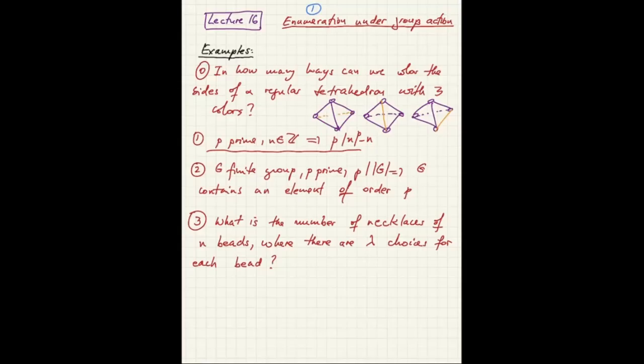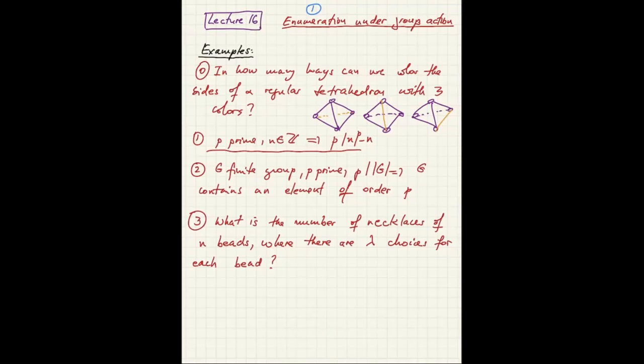Here. In lecture 16, we had this example of 5 edges colored purple and 1 edge golden; all these colorings are essentially the same. These 3 colorings that you see there are not going to count as different colorings, because you can rotate the tetrahedron, the first one, to actually get it in the second position.